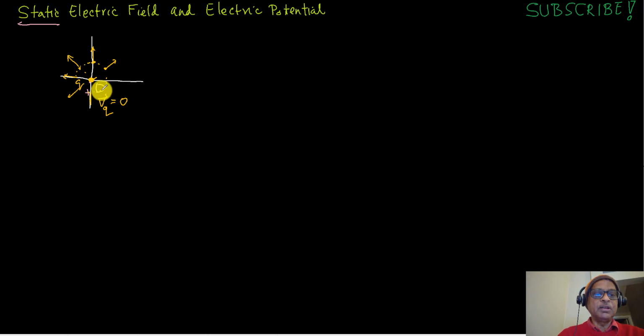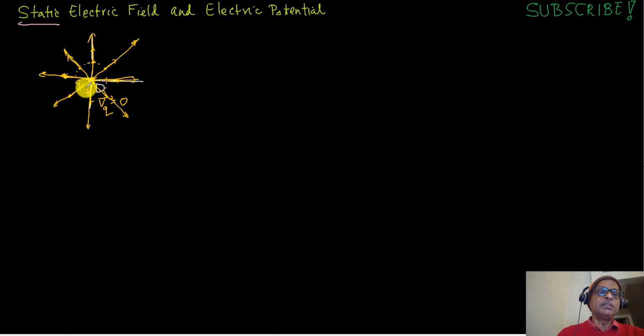If you go all around, it's the same magnitude of electric field at the same distance from the charge, and if you connect them, you have electric field lines. So this one line, another line, another line. The space around this charge can be characterized to have these lines going through them.